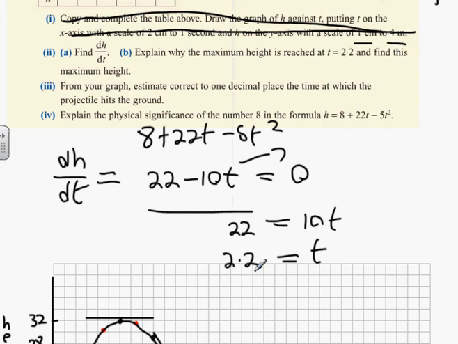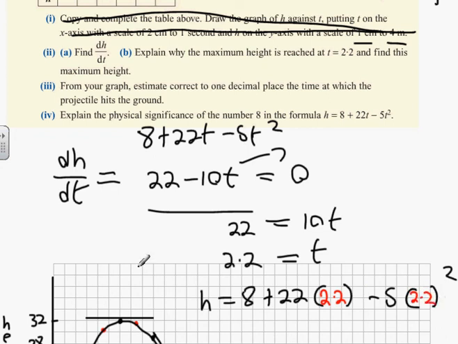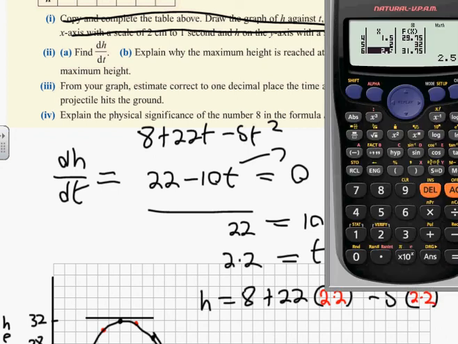Now that we know the time is 2.2, how do we find the height this happens at? What do you do? Sub it back in. Your height equals 8 plus 22 times whatever your time is, minus 5 times whatever your time is, squared. What is the time for this particular part of the question? 2.2. You get your calculator, enter it all in.